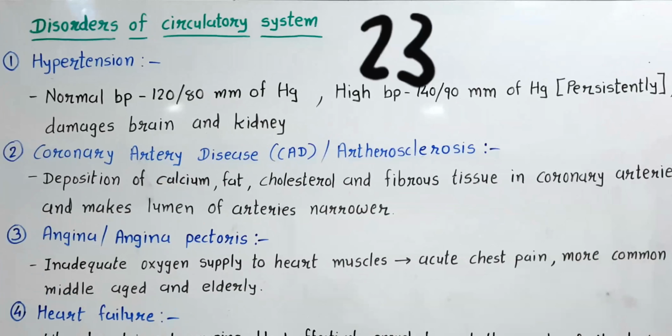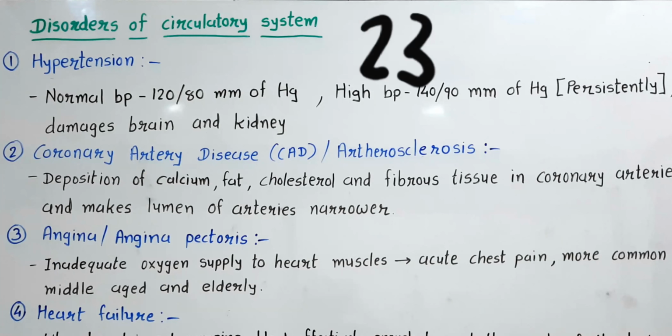When ventricles contract and pump the blood, particularly the left ventricle pumping blood into the aorta and further into arteries and arterioles, the pressure exerted on the blood while it is passing through these arteries is termed blood pressure. Normal blood pressure is 120 by 80 mm of Hg.